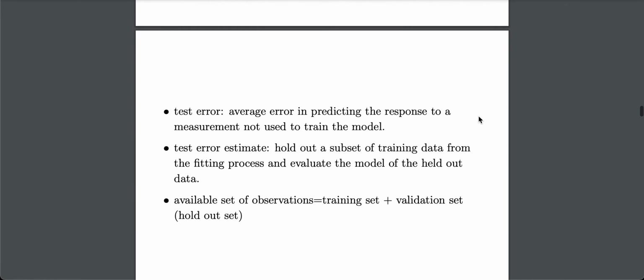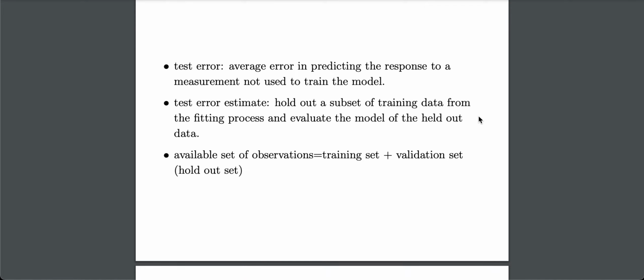So what is the test error? The test error is the average error in predicting the response to a measurement not used to train the model. In a way, we want to know what the risk is. How much should we expect to be off?